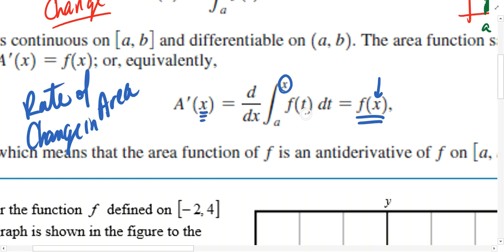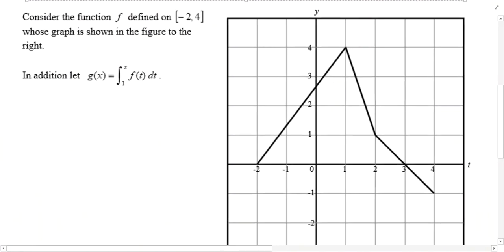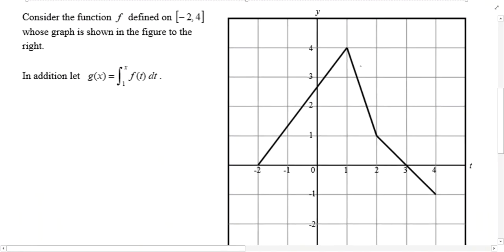T is no longer the variable. T was used to describe the shape of the graph, but x is the variable on which we would compute the area or accumulated change function. So if I were to look at a specific example down here, I don't know the function that was used to create this shape, but the function that's shown here is f of t.